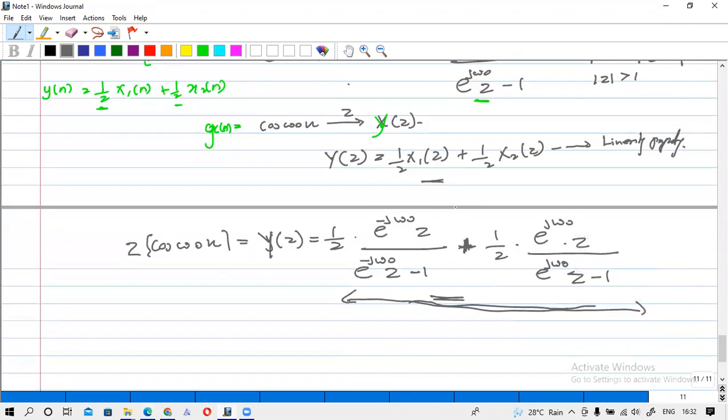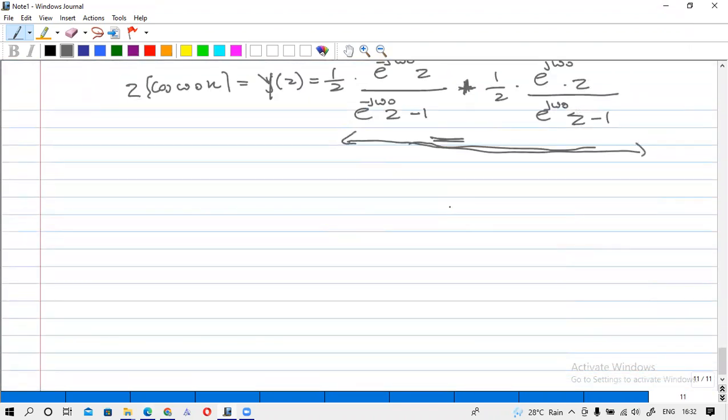Now I have found this. This is actually the Z transform of cos(omega naught n) u[n], because we have considered u[n], which means we have considered only the plus side.